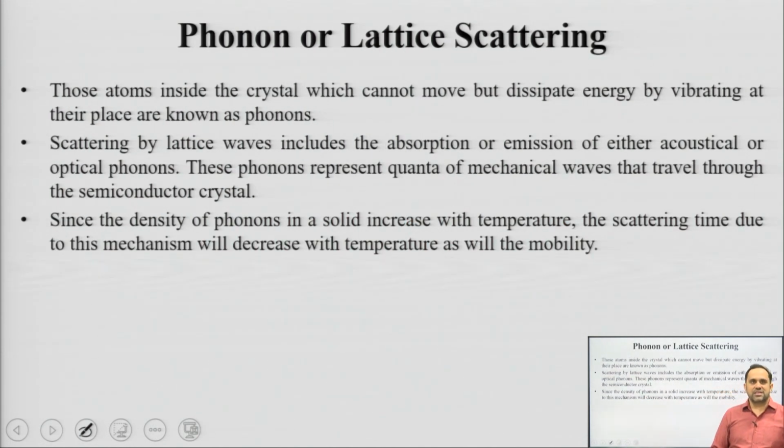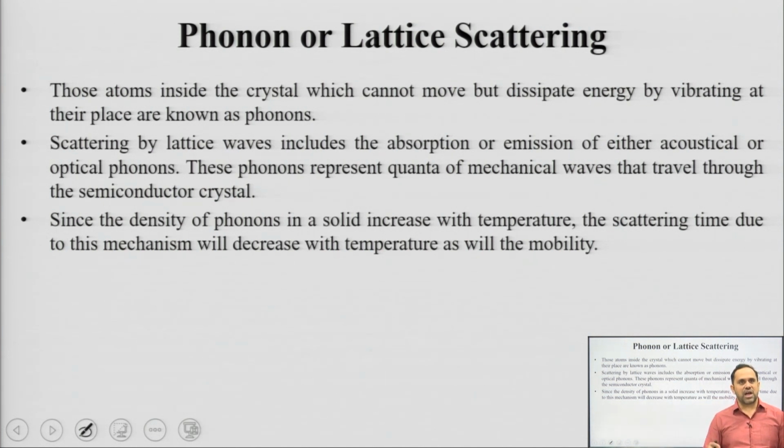Phonon basically means an atom which is vibrating about its own place. When you apply external energy, that energy gets dissipated at different places via energy conservation. Whatever you provide gets converted to some form or the other. Now, all the energy cannot go to the charge carriers. Some of the energy is absorbed by the ions also, some by neutral atoms also.